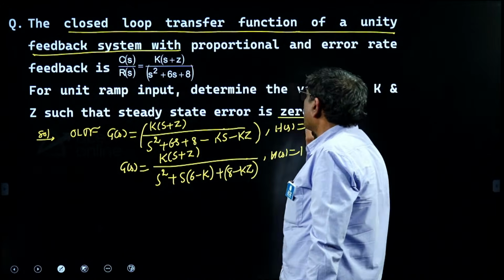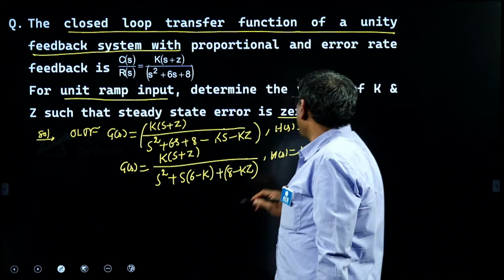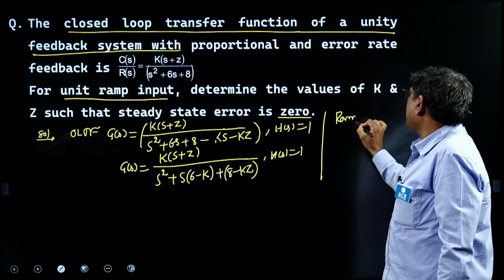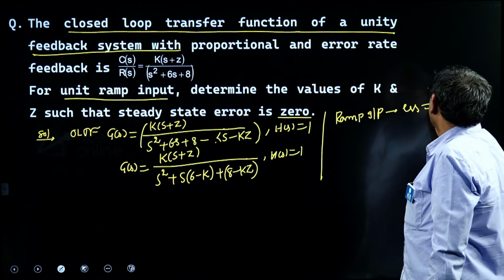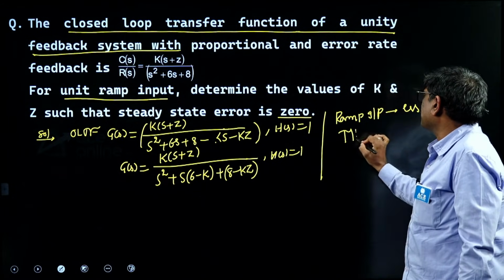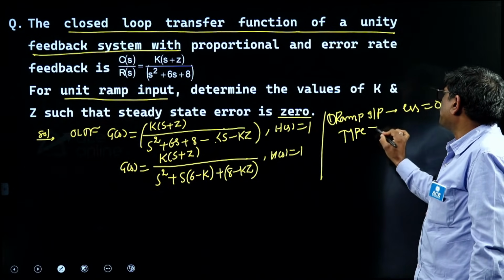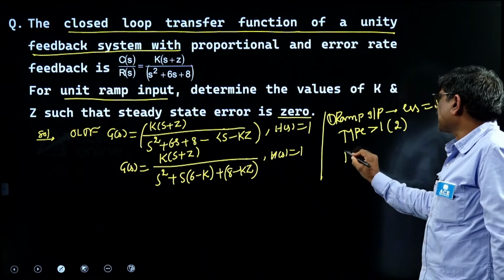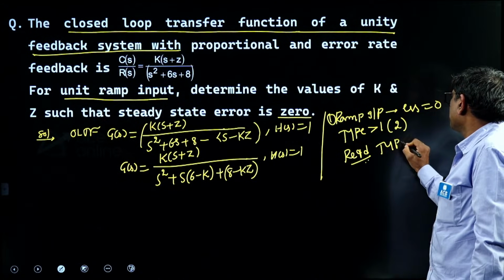Steady state error equal to 0, for ramp input. Ramp input steady state error should be 0 means the type should be more than 1, since for ramp we take 1. So we can consider 2. Required type is 2.